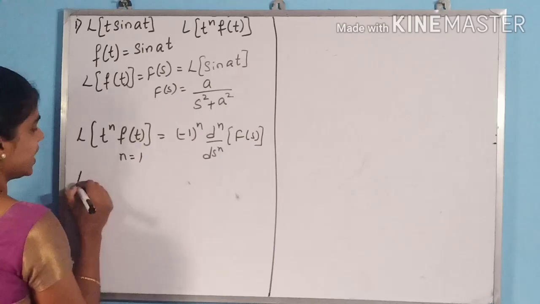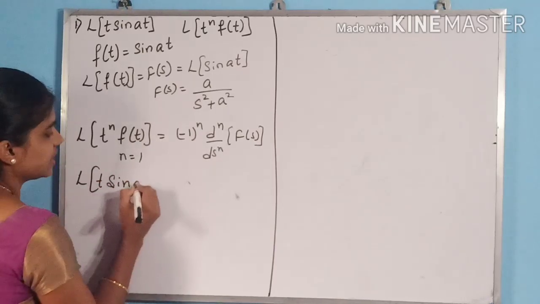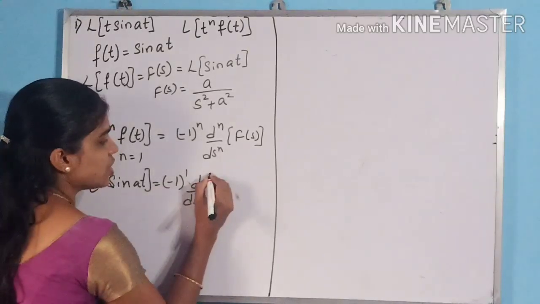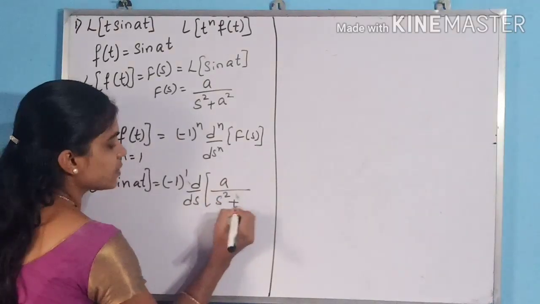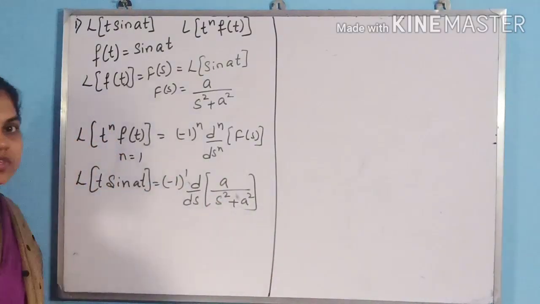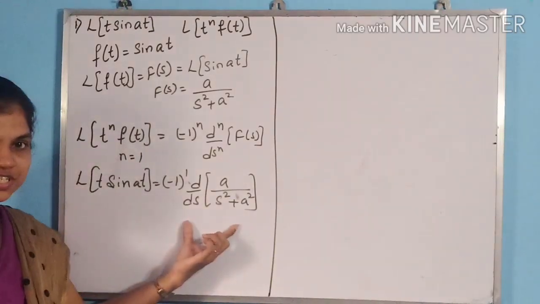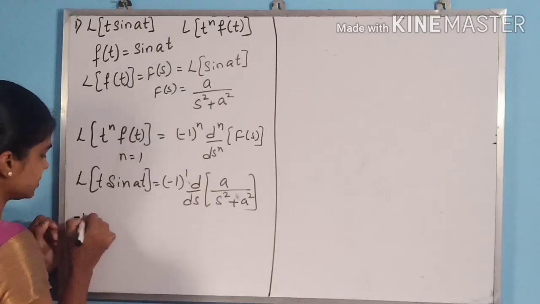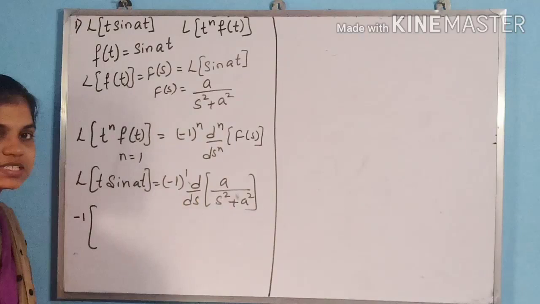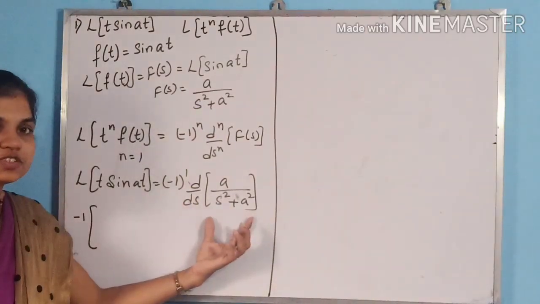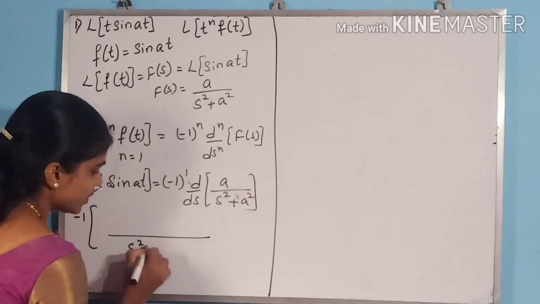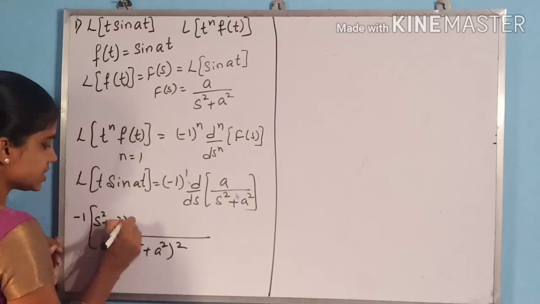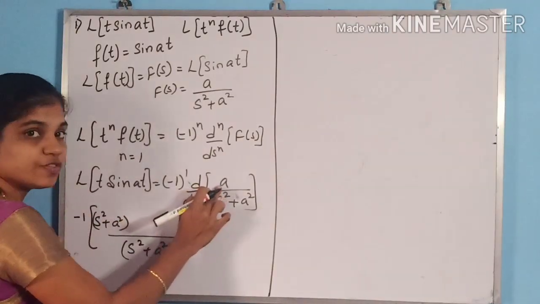So we have the Laplace transform of t sin at is equal to (-1)^1 d/ds of a divided by s^2 plus a^2. Now we have to differentiate this. We have minus 1 outside, and the differentiation of a by s^2 plus a^2. Here this is of the division rule. So what we have here is s^2 plus a^2 the whole square in the denominator, and in the numerator I am going to do s^2 plus a^2 into the differentiation of a.